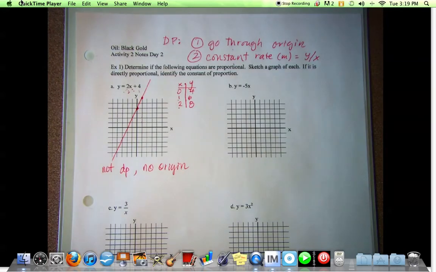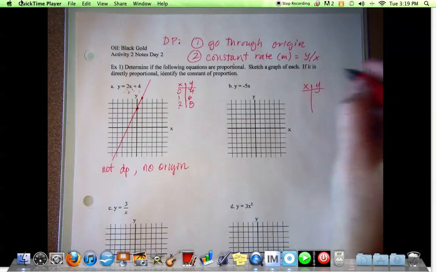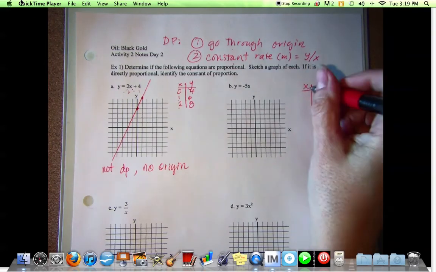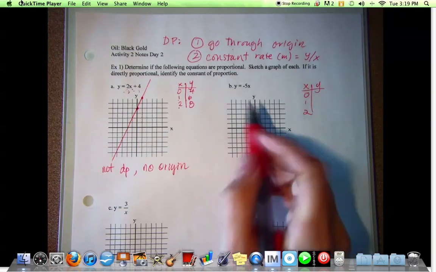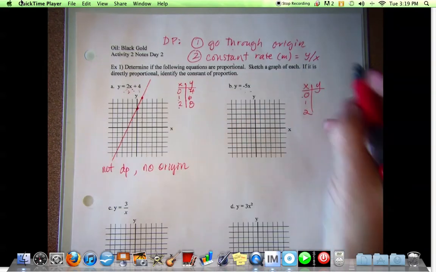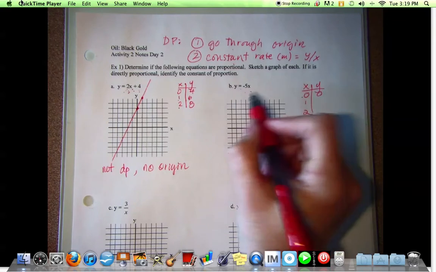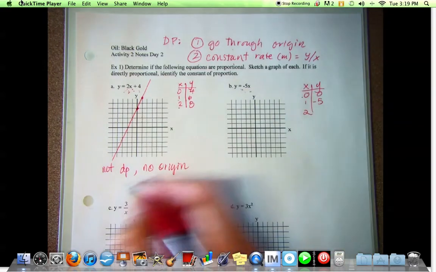Example B, y equals negative 5x. Another t table, substitute in 0, 1, and 2. So substitute in 0, we have negative 5 times 0, gives us 0. Negative 5 times 1 gives us negative 5.